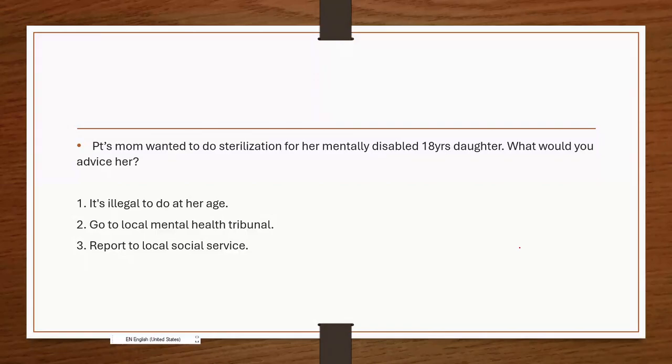Now here the patient's mom wanted to do sterilization for her mentally disabled 18 year old daughter. The mom is worried that, because the daughter is mentally disabled, some person might take advantage, have a relationship with her, and she might get pregnant.